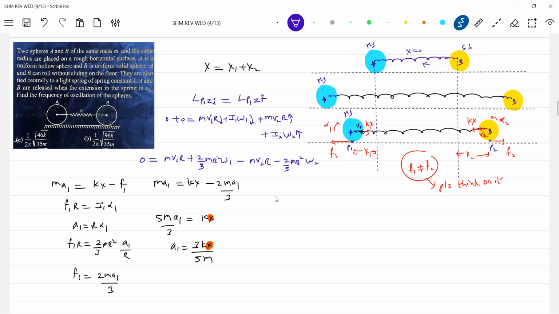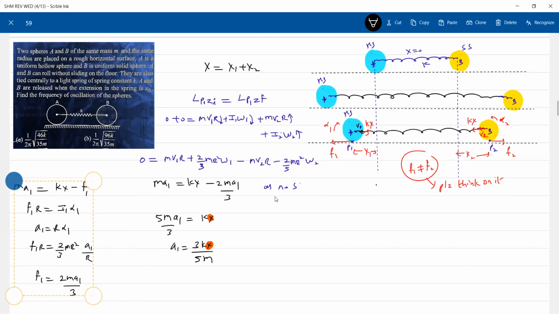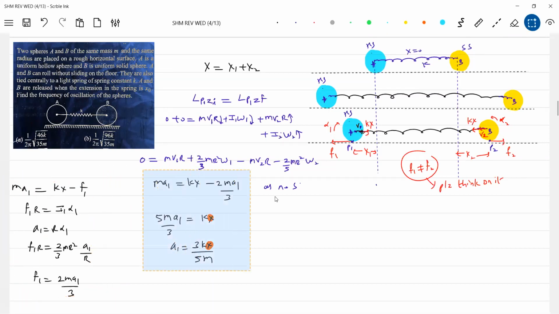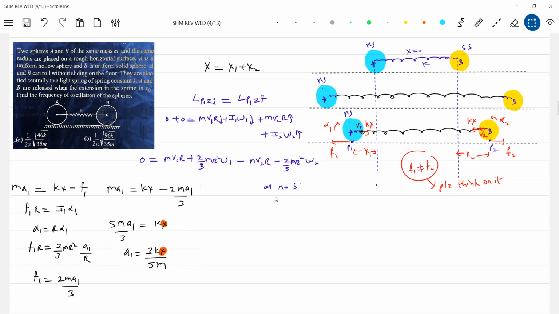For pure rolling, V1 equals R omega. Let me substitute this. So this will become omega 1 by omega 2 equal to 21 by 25.